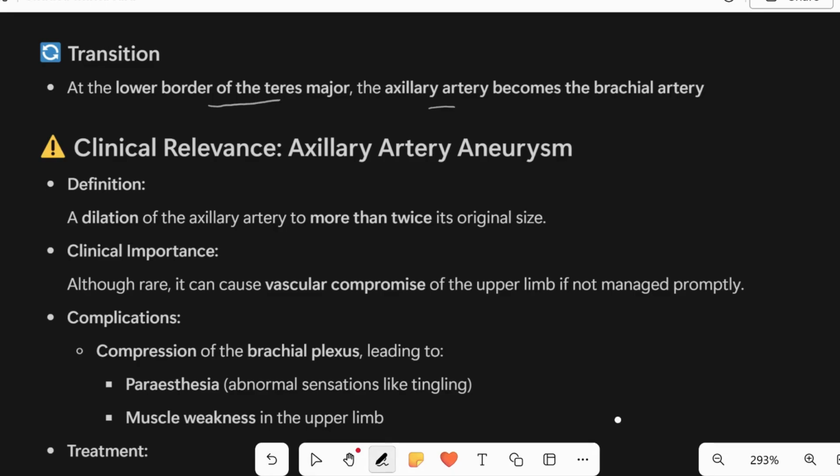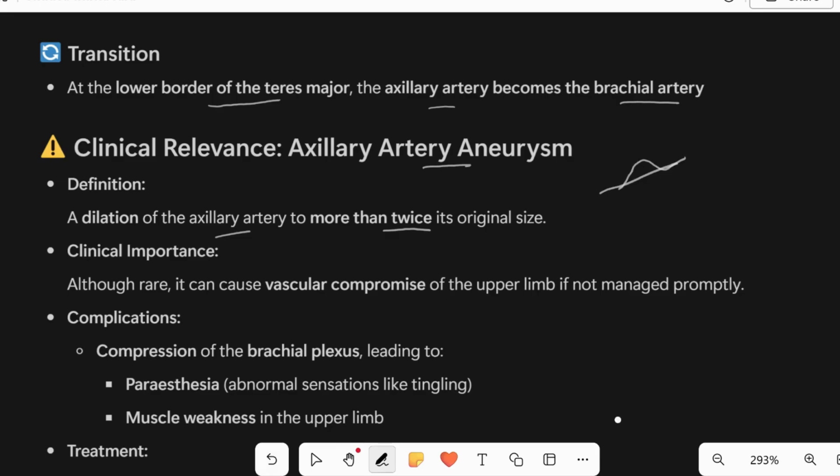So the clinical relevance is in the axillary artery aneurysm. First of all, we will define aneurysm. An aneurysm is the dilatation of the artery to more than twice its size. So for example, this is a vessel. If it dilates more than 2 cm of its diameter, then definitely it will be compressing the surrounding structures.